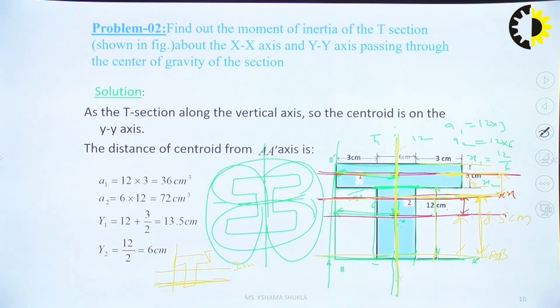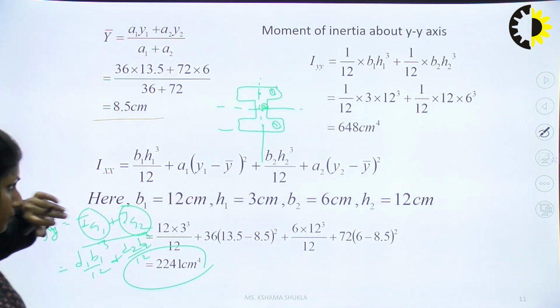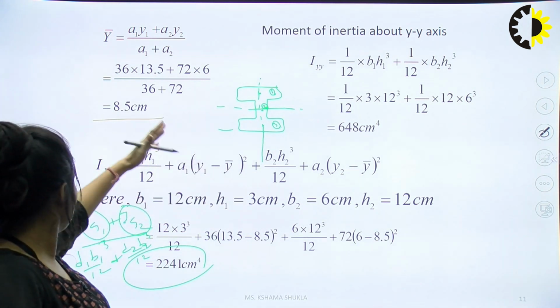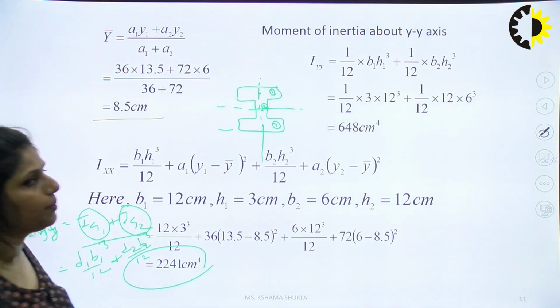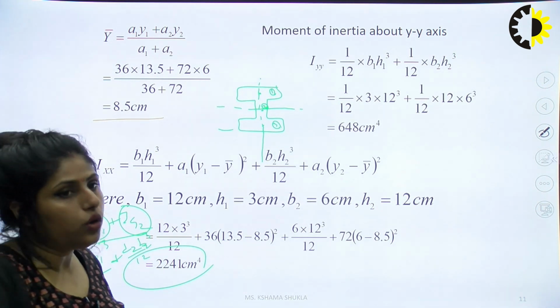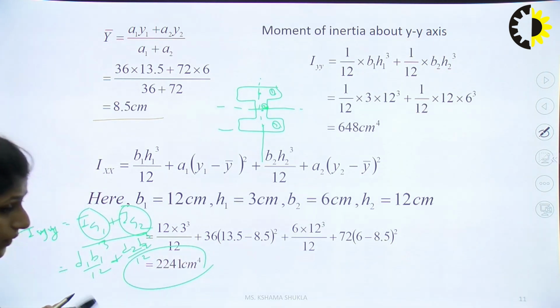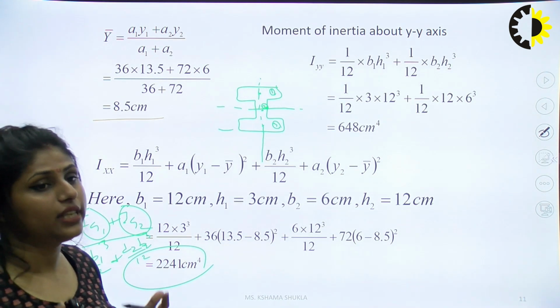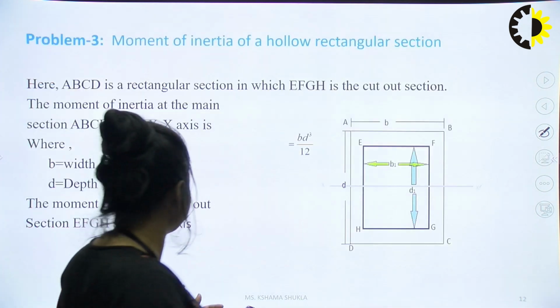Simply we can find it by subtracting: Y1 minus Y bar. Put all these values in and find the answer. It is 2241 centimeter to the power 4. All questions related to moment of inertia are like this. If the moment of inertia value is higher, it has higher resistance to bending.